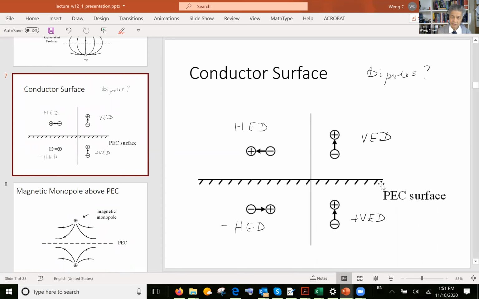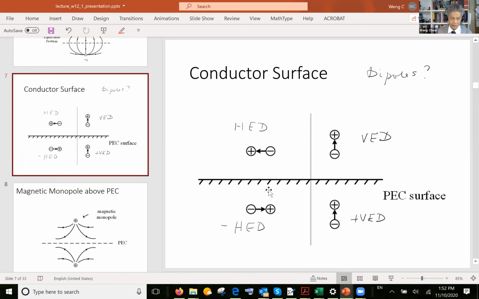And if you have a perfect PEC, then this dipole is the negative of this dipole. So the radiation will cancel each other. So you go to the far field, these two dipoles produce radiation fields that are opposite of each other. They cancel each other. This is even more so if you put them very close to the surface. Then these two horizontal dipoles are producing fields of opposite signs, and they completely cancel each other.